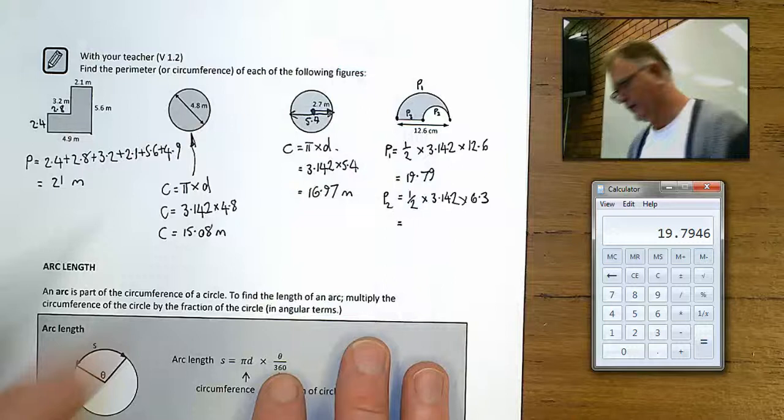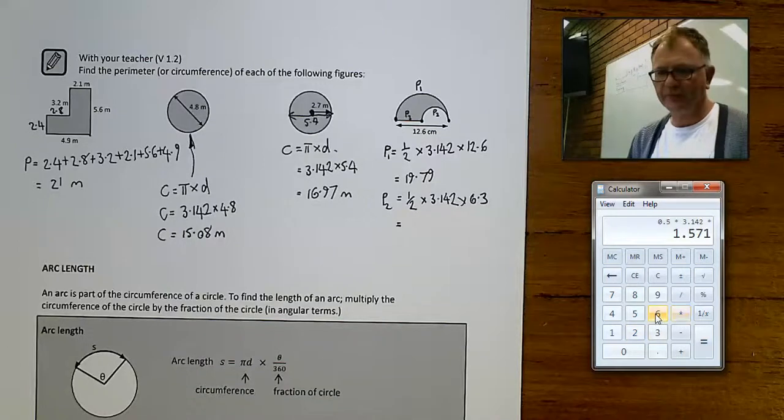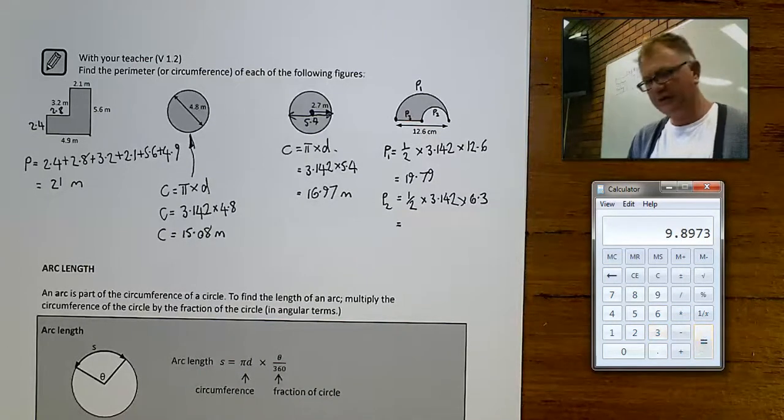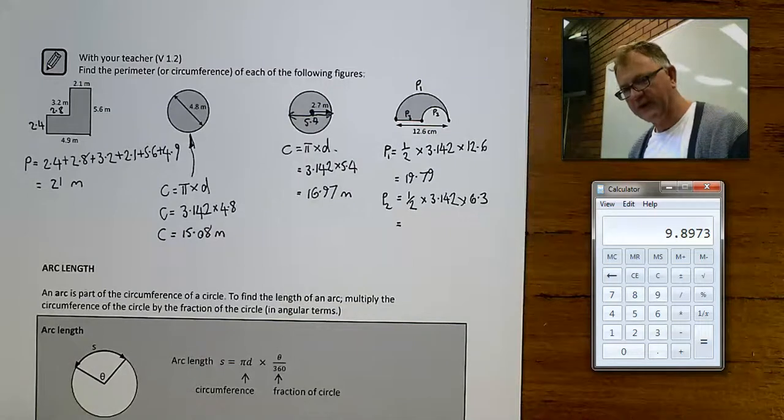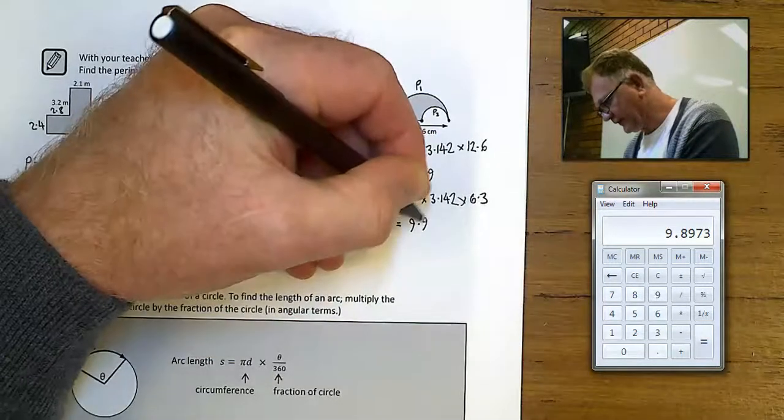So we could work that one out. Half, of course, is equal to 0.5, isn't it? So 0.5 times 3.142 times 6.3. 9.90 if I round it off to 2 decimal places.